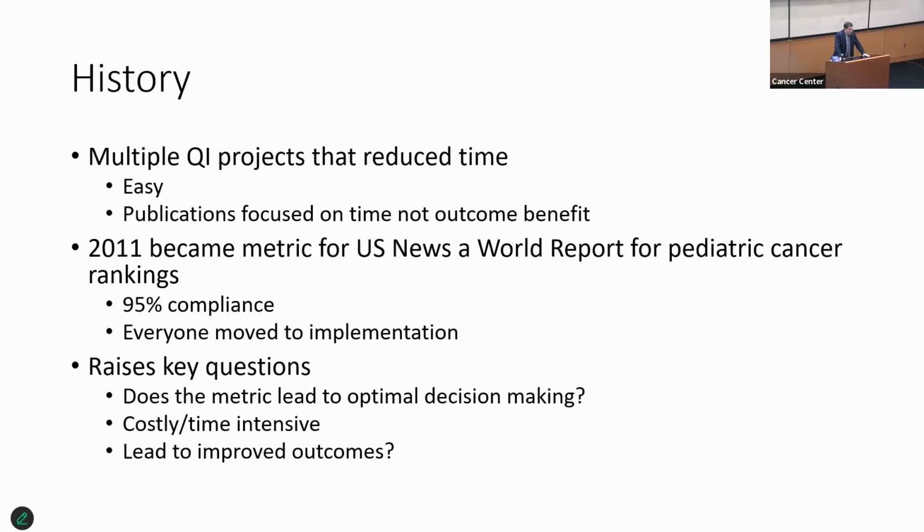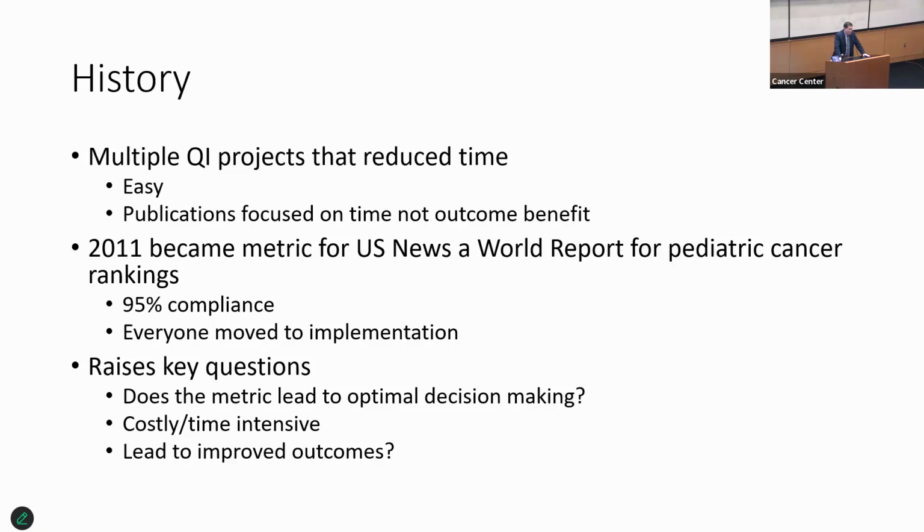So, additional history. Setting a clock is really easy. If you want to say that there's a 60-minute metric, that if you're under 60 minutes it's success, and if you're over 60 minutes it's failure, it's very easy to do a QI project for this. So you say, okay, we set a clock, and being over or under is the difference between success and failure.